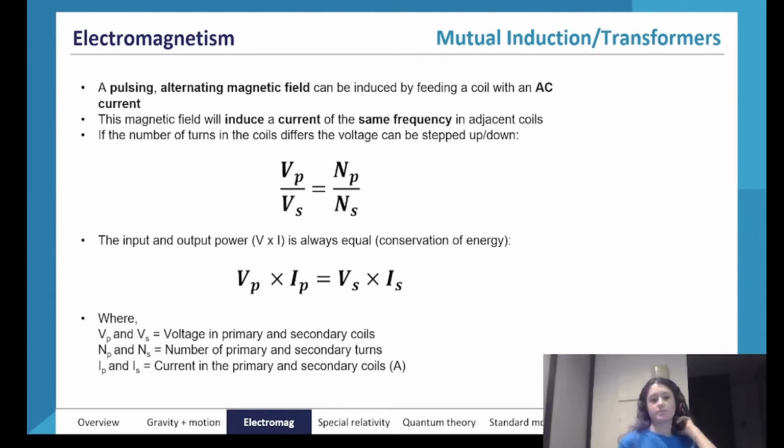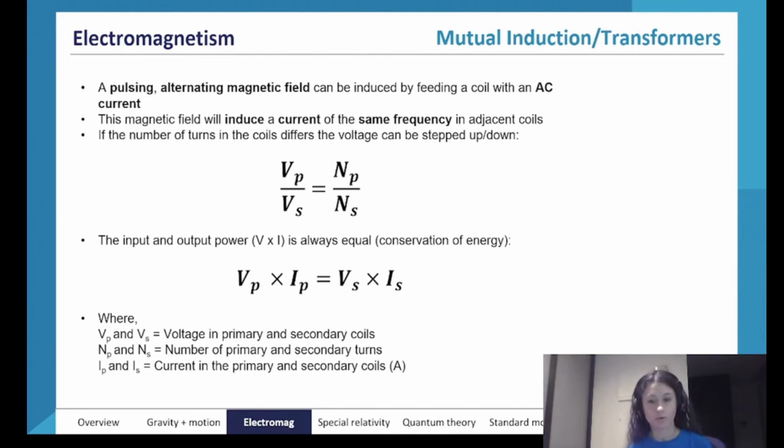So this magnetic field will induce a current of the same frequency in adjacent coils. And as a result of this, if the number of coils differs, the voltage can be stepped up or down according to this formula.